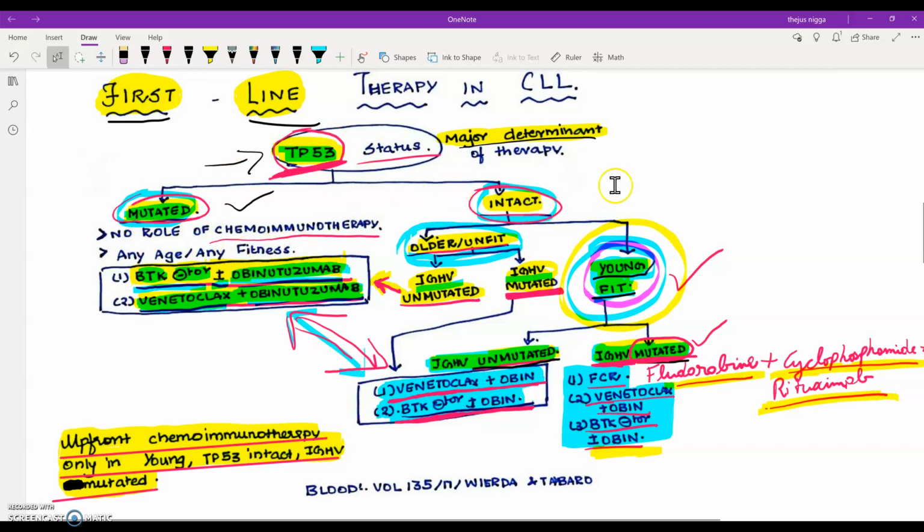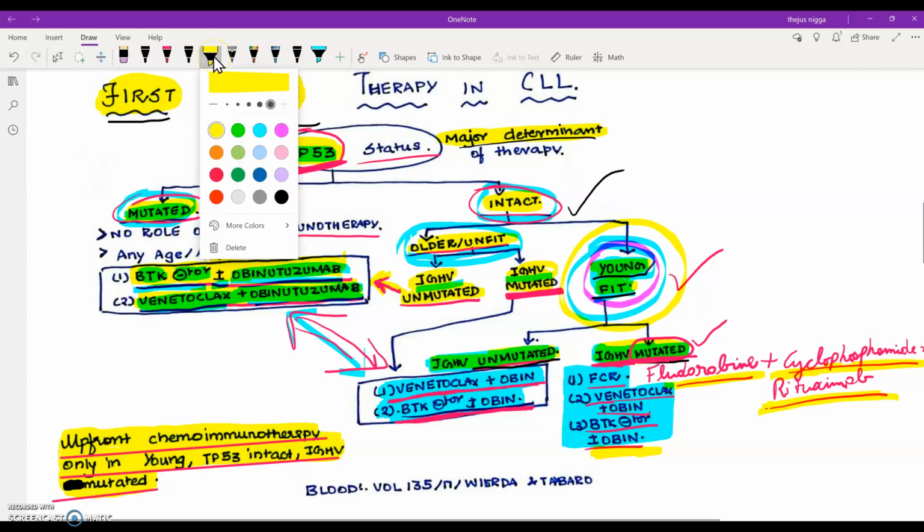If it is intact in the older unfit adult, there's another gene that we should look for, IGHV, whether it's mutated or not.